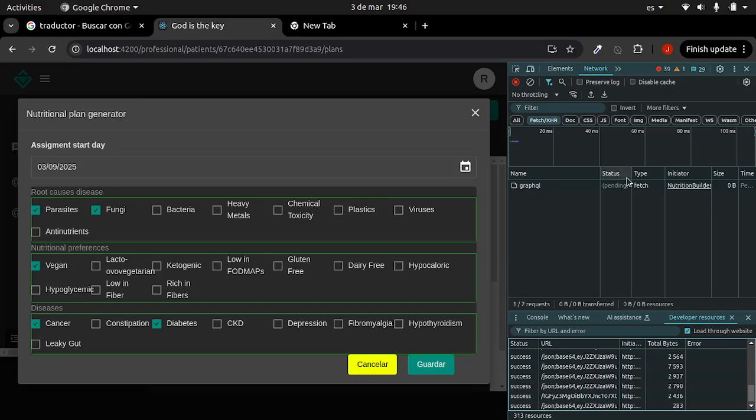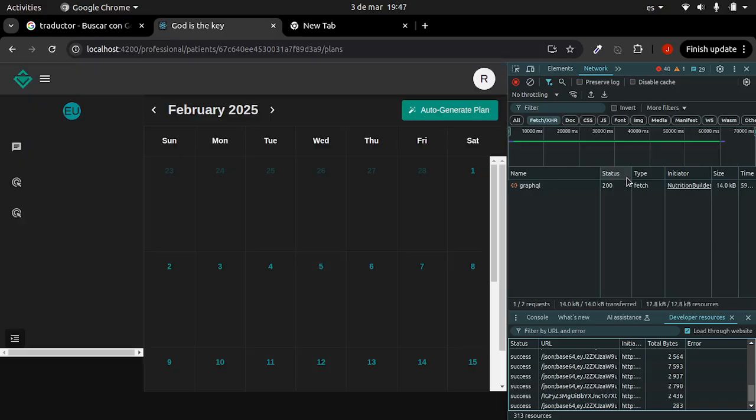I had some problems because the OpenAI API has a high latency for only 7 meals. I had asked for a total of 14 meals. Okay, finally you can see that the status changed.